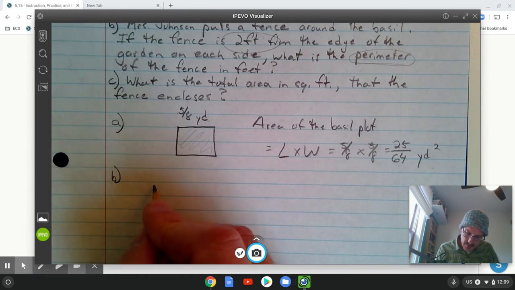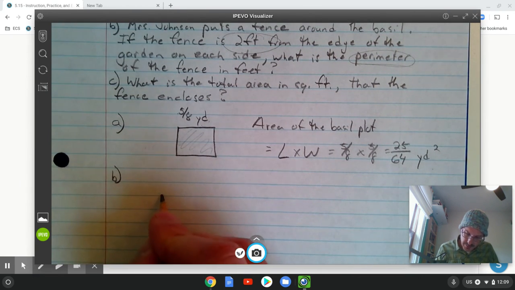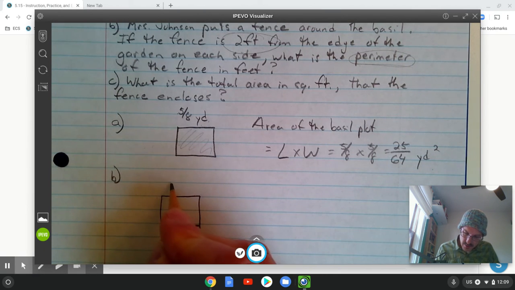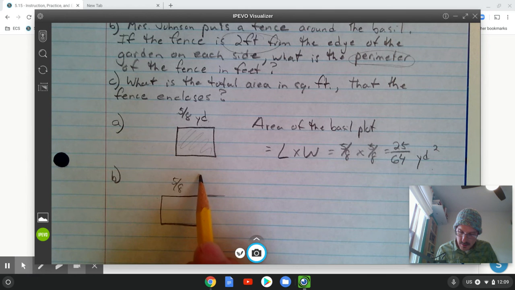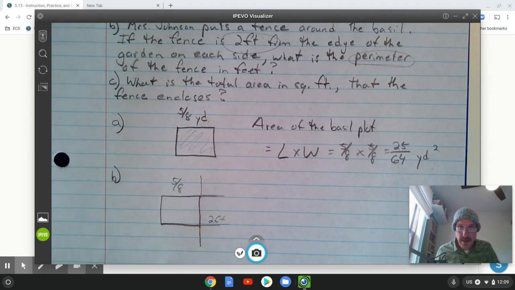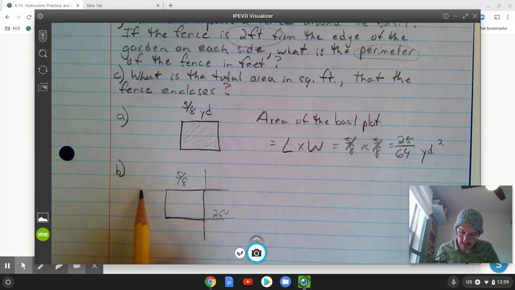Okay, so actually I need a little space. So this is 5/8 of a yard, and then the fence is 2 feet more. So maybe like that, and like that. So it's 2 feet out, and 2 feet here.